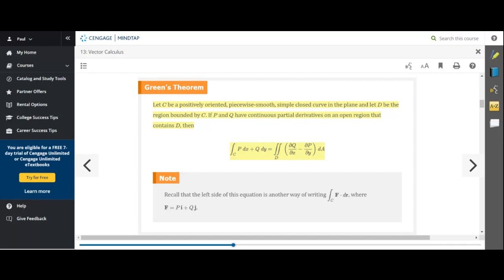That's right, Robin, 0, because the difference of the partial derivatives would equal 0.